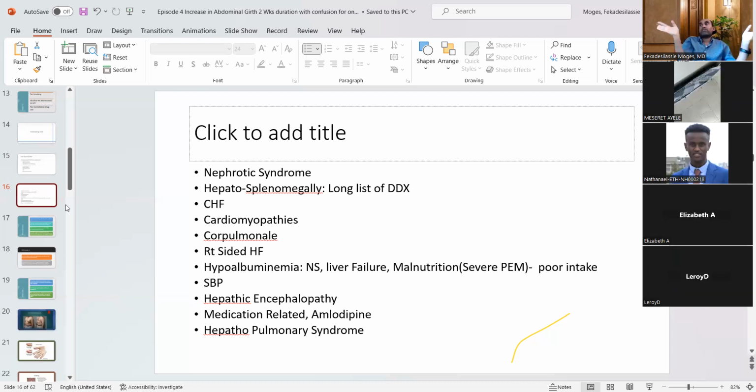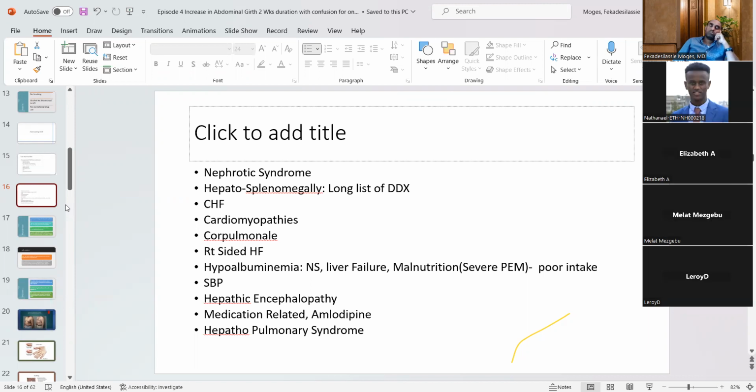There is, it's just a diffuse swelling. Are the hernia sites free? Yes, they are free. Is the abdomen moving with respiration? It moves with the respiration, yes.